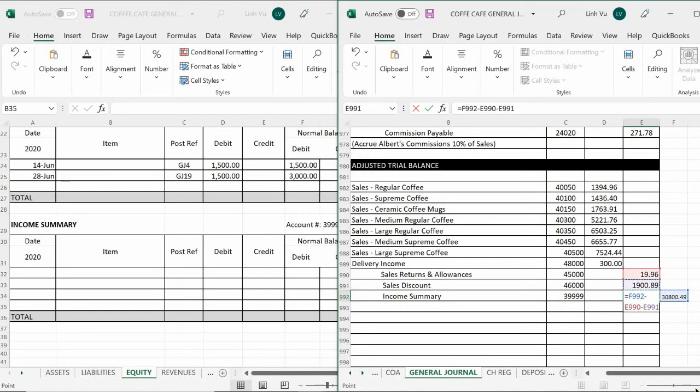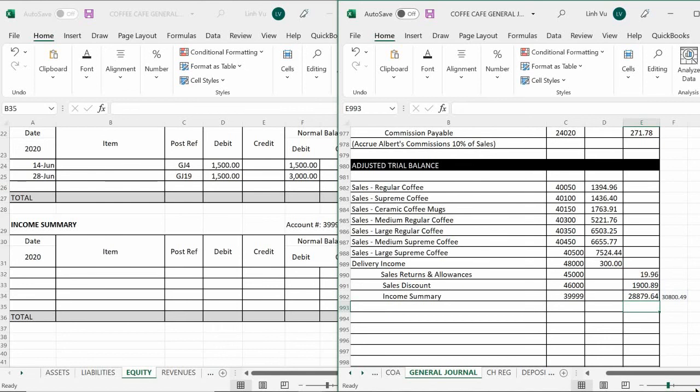What's my total amount that's going to be in my income summary? Is it 2085? I did not get that number, but close enough. Oh, okay. I see how.